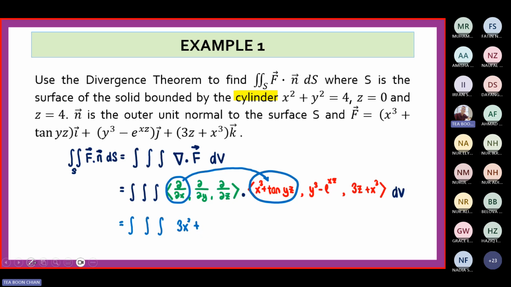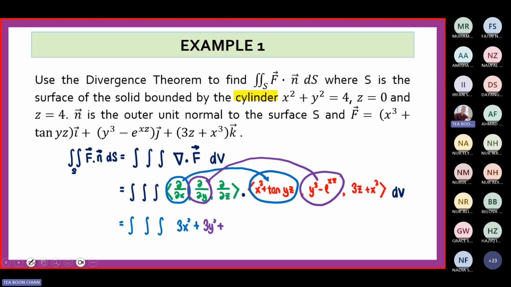Next, plus, second, del over del y dot with this, y to the power 3 minus e to the power xz, which means you partially differentiate y to the power 3 minus e to the power xz with respect to y. Differentiate y to the power 3, you get 3y squared. Differentiate e to the power xz, 0, because again, no variable y.